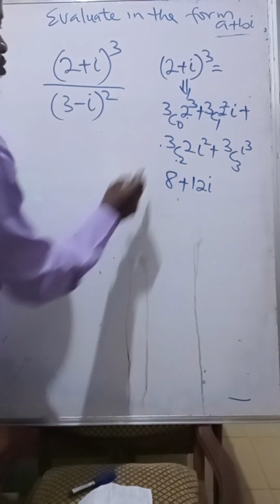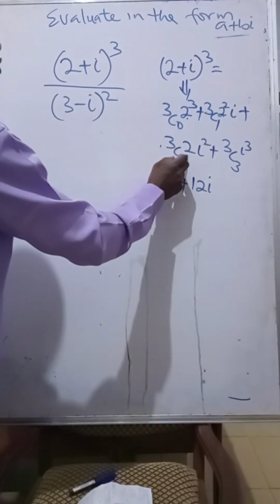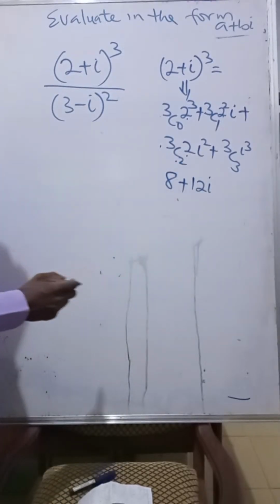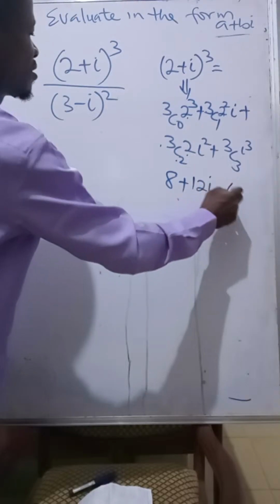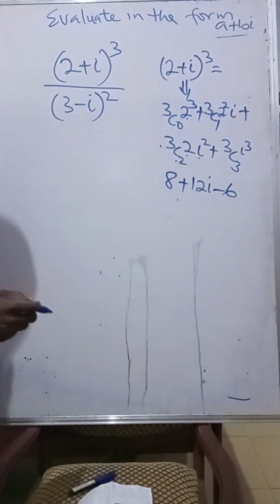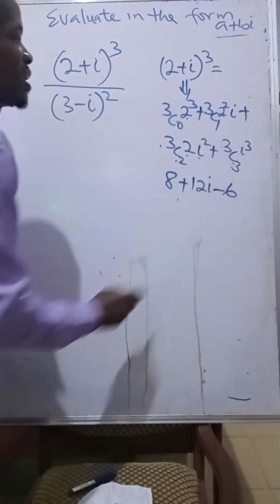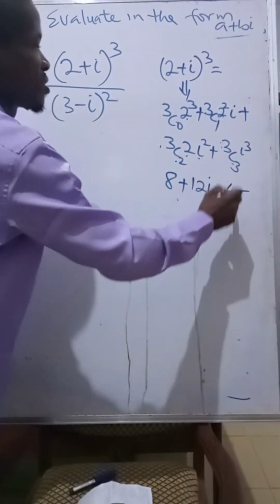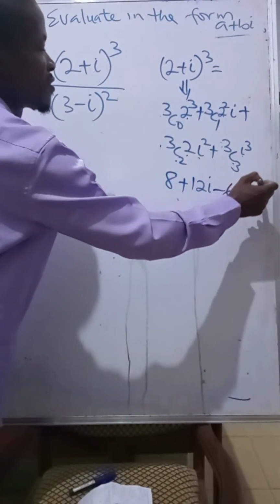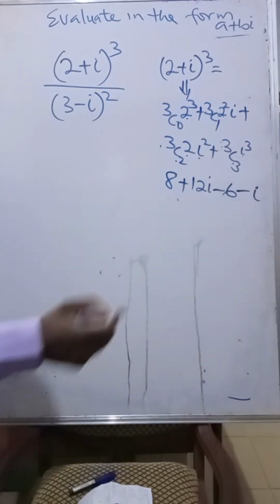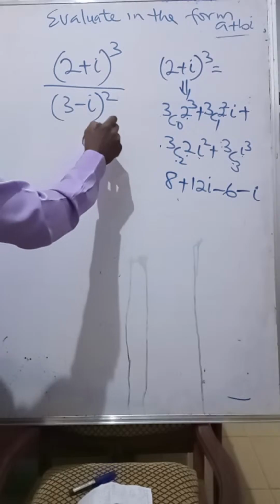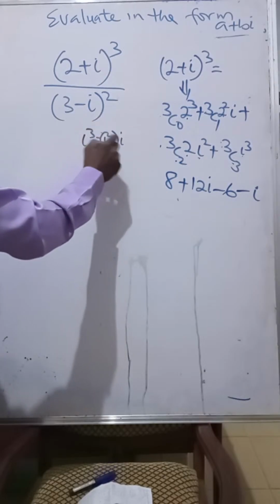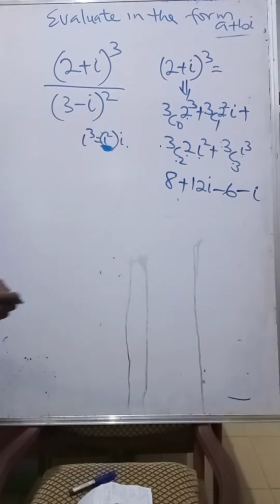3 combination 2 is also 3 times 2 times 2, that's 6, with i squared being minus 1, that's minus 6. Finally, 3 combination 3 is 1, so that would be minus i, because i cubed is i squared times i, so minus 1 times i.